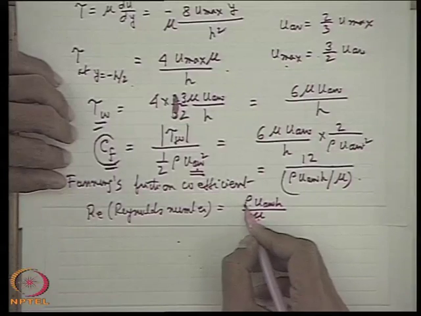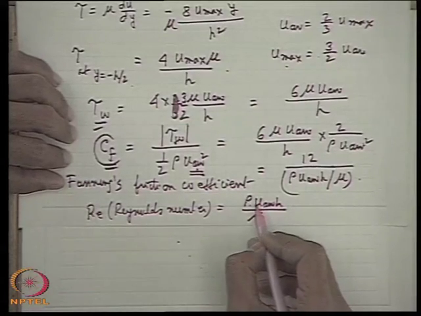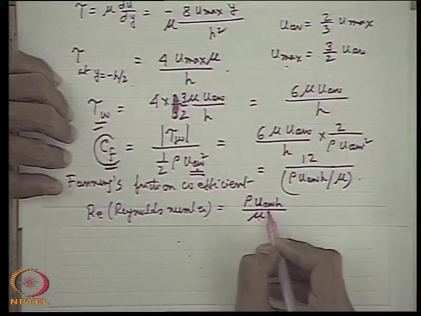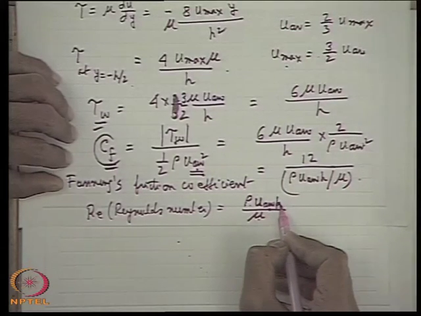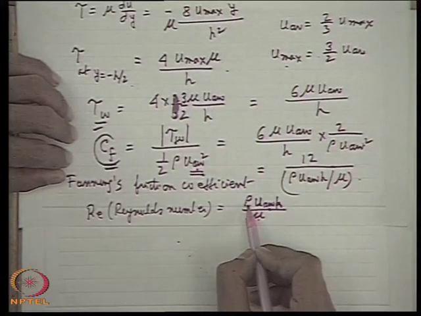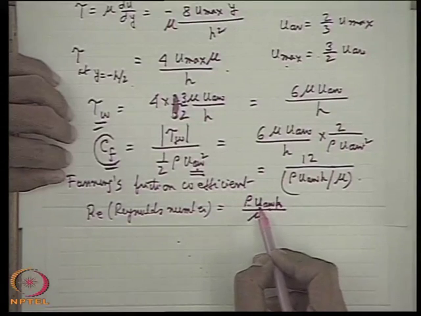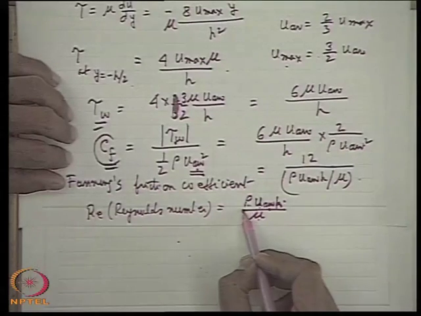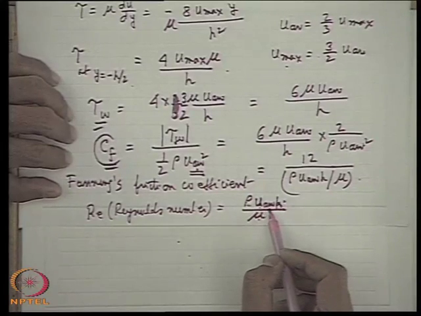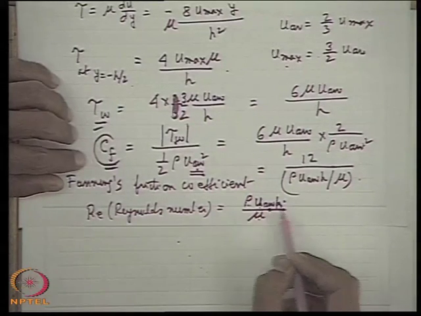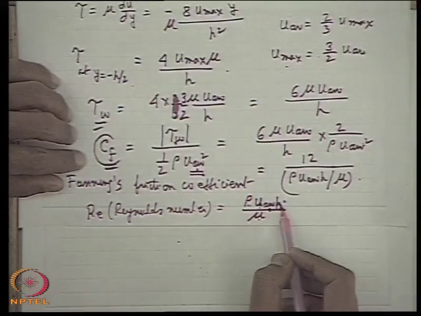Reynolds number is defined in case of a confined flow through a duct as rho and mu, the rheological properties, density and viscosity, and in the numerator the characteristic velocity, which is the average velocity of flow, times the characteristic dimension. So Reynolds number is defined as rho times the characteristic velocity times the characteristic dimension divided by the viscosity. This characteristic velocity is the average flow velocity in case of a confined flow, and the characteristic dimension here is h.